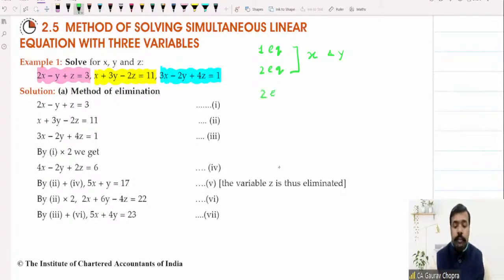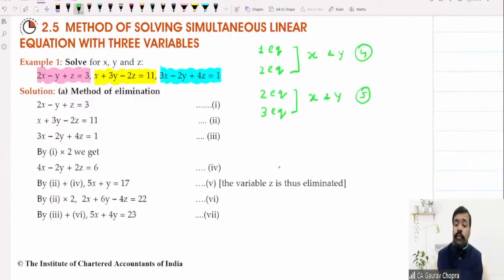Similarly, when we compare the second equation and third equation, again we can eliminate one variable, let's say z, and we will find the equation between x and y. So these are equation number 4 and equation number 5.